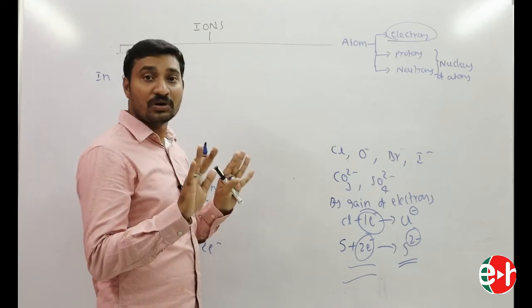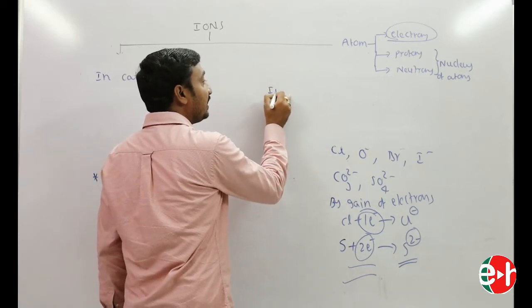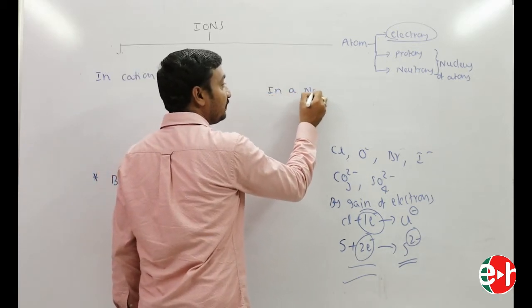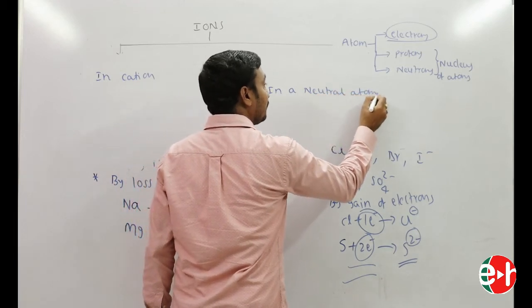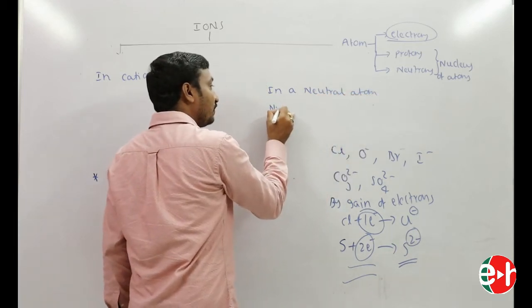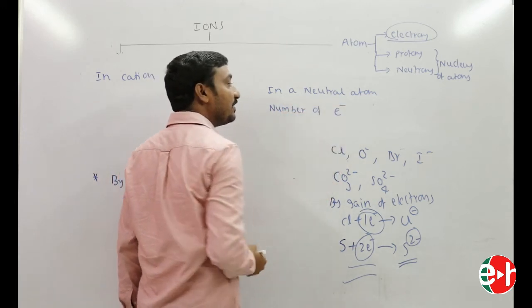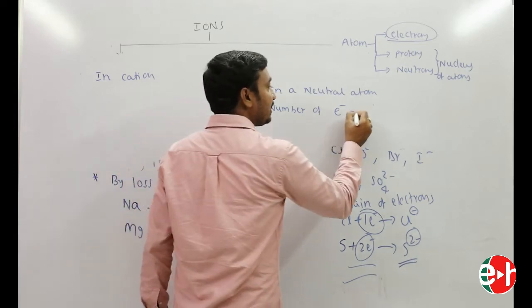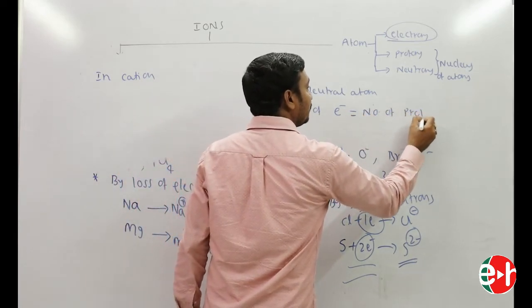Finally, an atom contains electrons, protons, neutrons. In a neutral atom, the number of electrons (E minus means electron) is equal to the number of protons.